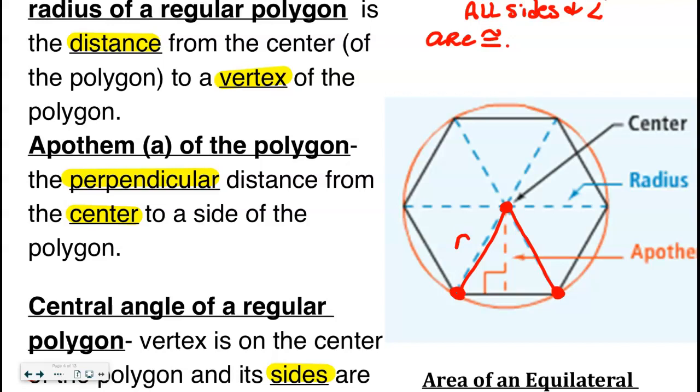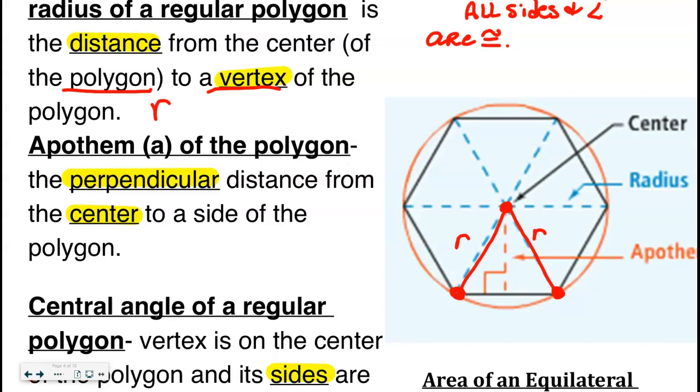I want you to write R and R. It's as if it were a circle, and it's the radius of the circle. If they give you that, you need to know, oh, they gave me the radius. So the distance from the center of the polygon to a vertex is the radius of the polygon, and we are going to be calling that, obviously, R.